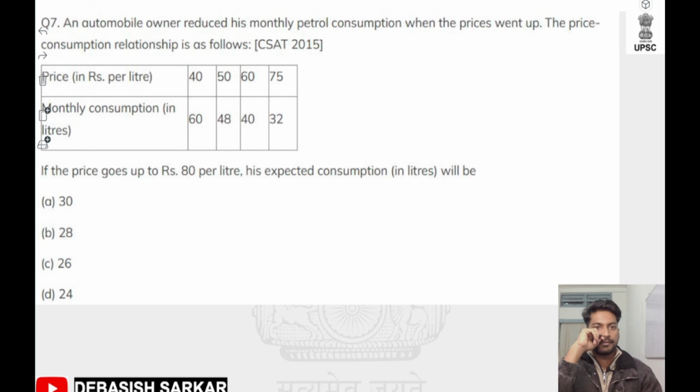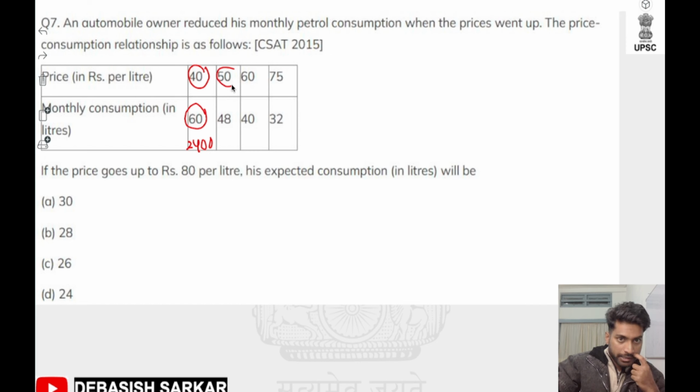Next question. An automobile owner reduced his monthly petrol consumption when the price went up. Now look, if it was 40 rupees per liter, he used to use 60 liters. So total cost 2400. If it was 50 rupees per liter, he used to use 48 liters.